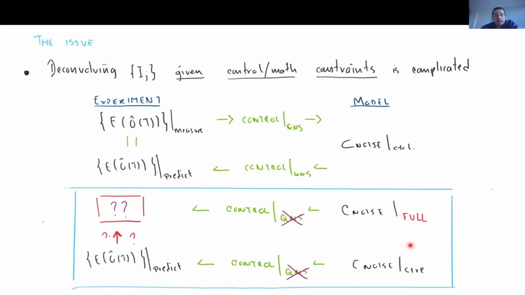On the other hand, if you do the same operation with the characterization that you obtained via your QNS control, then the expectation value that you predict is not guaranteed to be the one that the actual experiment sees. And the reason is that this is limited information. It is not all that the qubit can see, for example, if you have certain very strong constraints on the control.